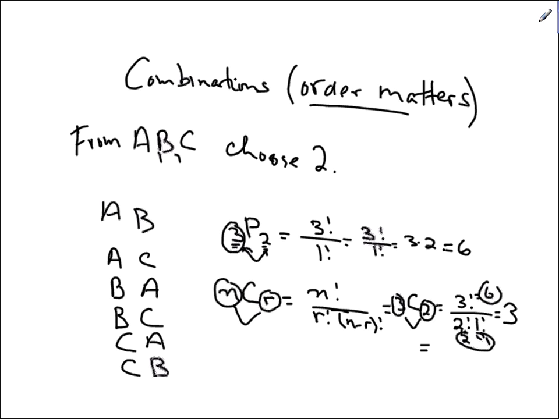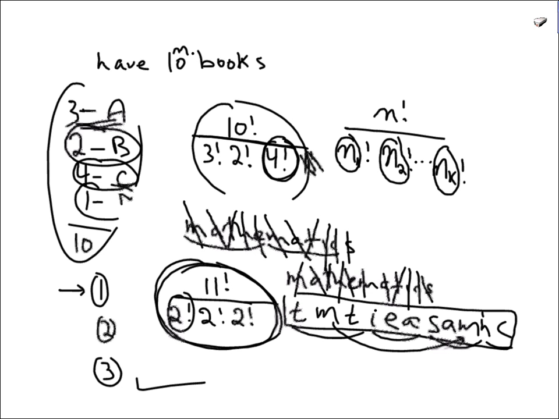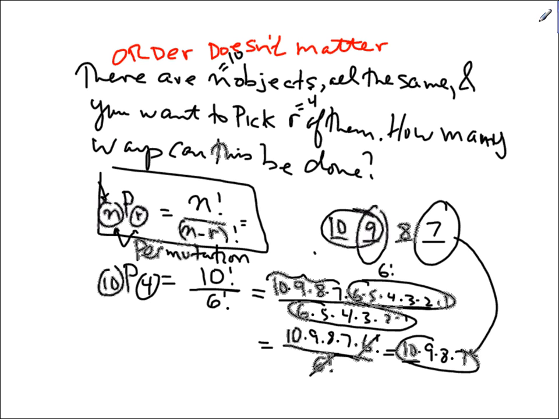And I've been doing something terrible, but we'll clean it up right now. For combination, the order doesn't matter. When it comes to permutation, it does matter. It absolutely does matter.